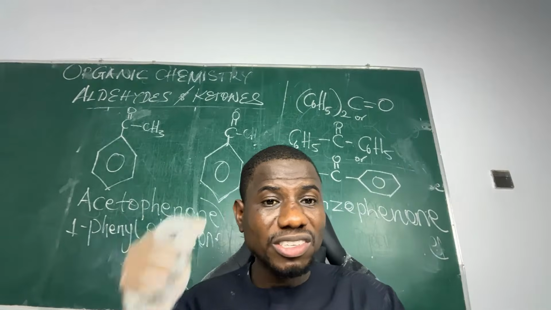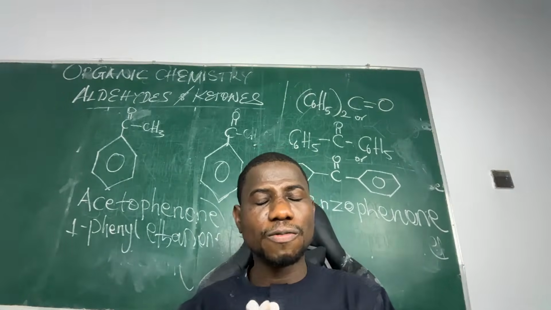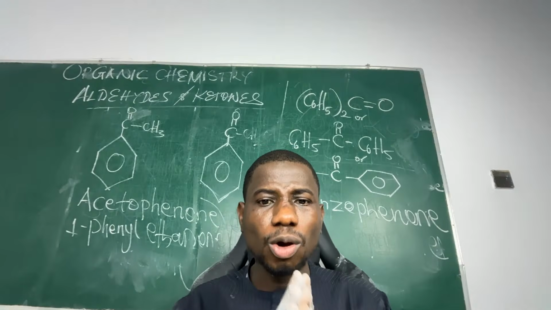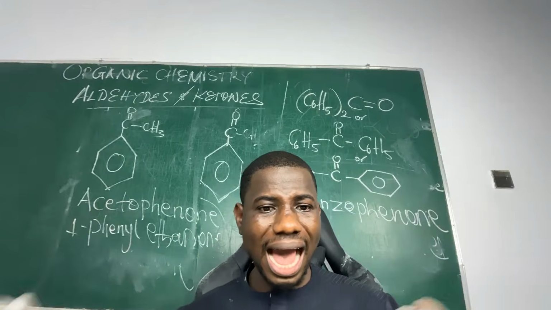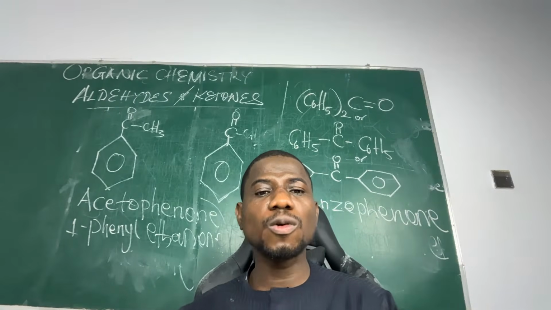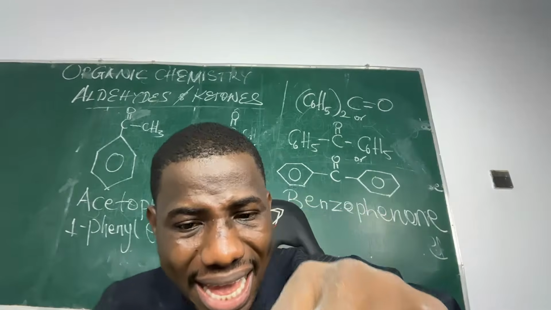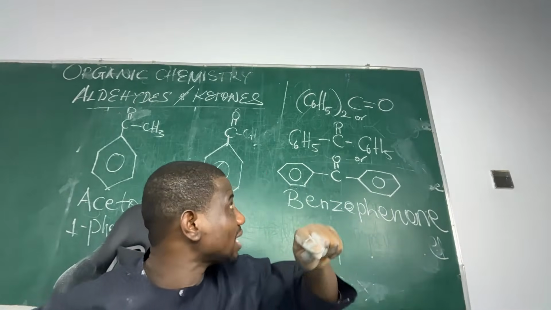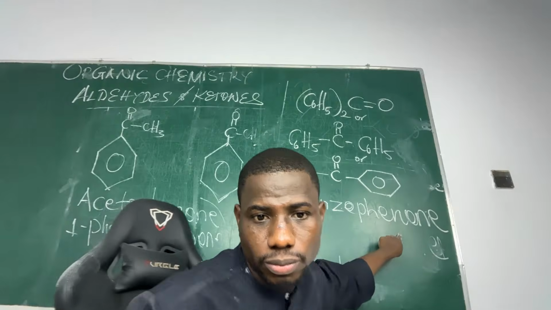A ketone is an organic compound containing a carbonyl group attached to two alkyl groups, R and R, or two phenyl groups. When the carbonyl group is attached to two benzene rings, we call it benzophenone.